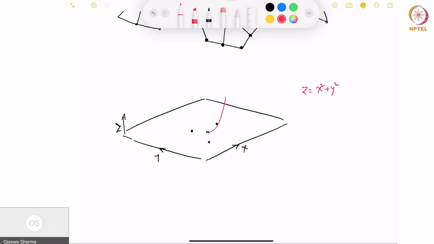I'm trying to draw it as best as I can, but pardon my drawing, it may not be great. Well, it's not a parabola, it's a paraboloid. It's in 3D, right? So you have a paraboloid like this, and when you lift these points, each of these points will go to its place on this paraboloid.